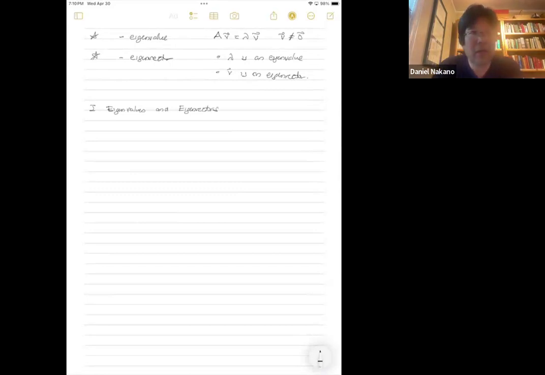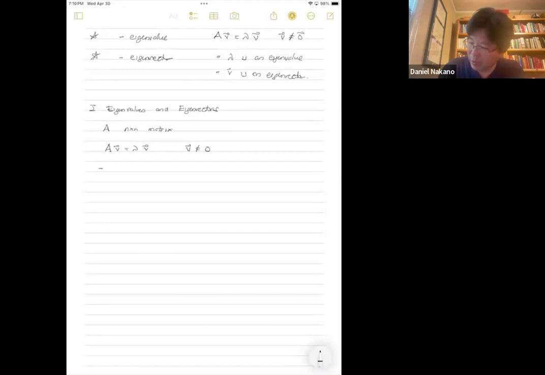Okay. All right. So the way the story starts is you start with a square matrix, A, an n by n matrix. And then we look at a certain equation: AV equals lambda V, where V is not equal to zero.